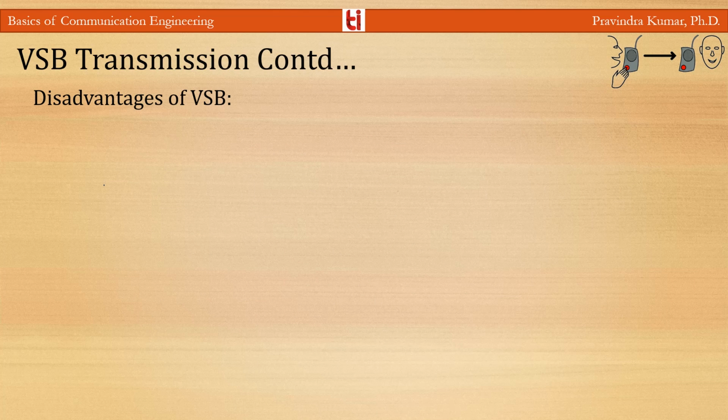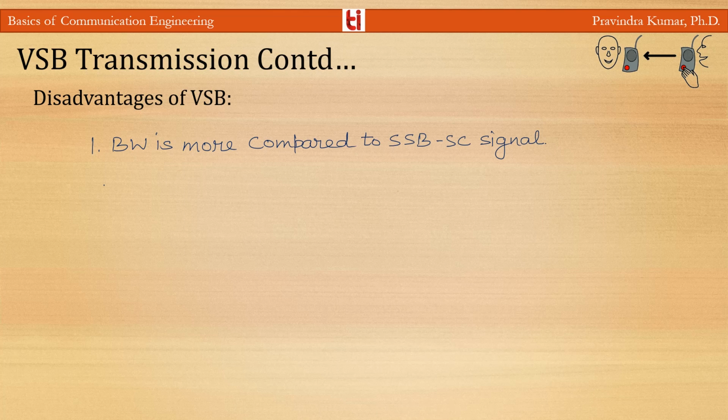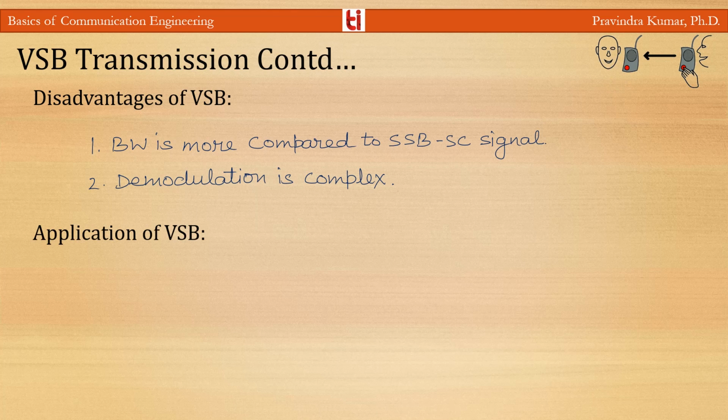And on the other hand, there are some disadvantages of VSB. The bandwidth is more when compared to SSB-SC signals, and demodulation is complex. In application of VSB, we can say the most prominent and standard application of VSB is for the transmission of television signals, because the video signal needs a large transmission bandwidth.